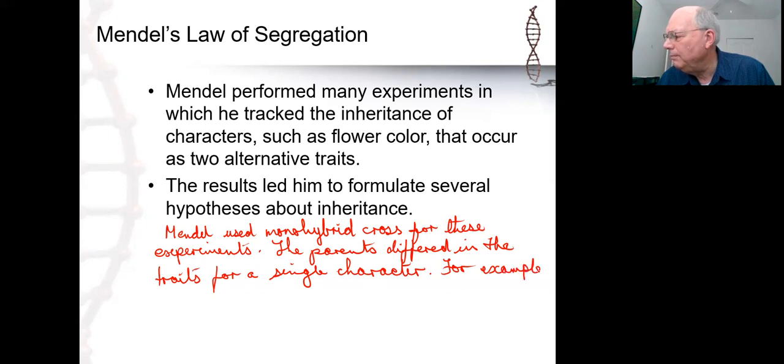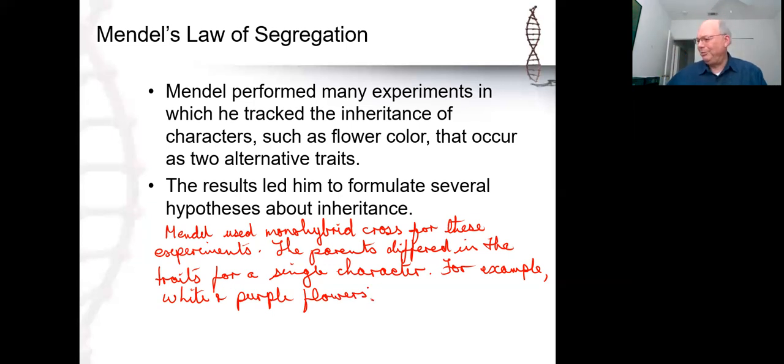For example, white and purple flowers. That would be an example. And in fact, that's what we typically talk about when we're talking about Mendel's monohybrid crosses.